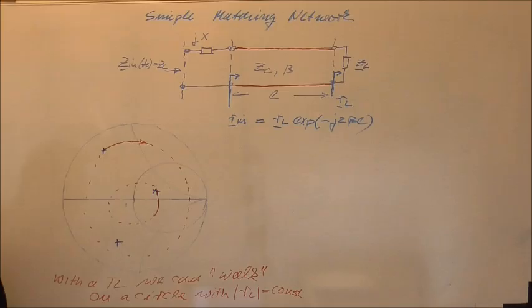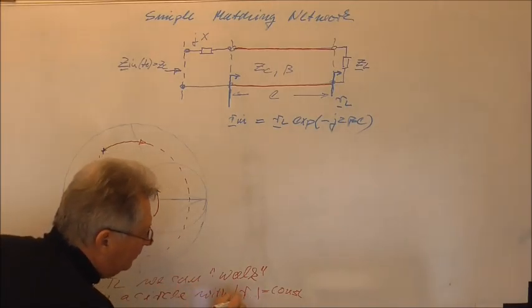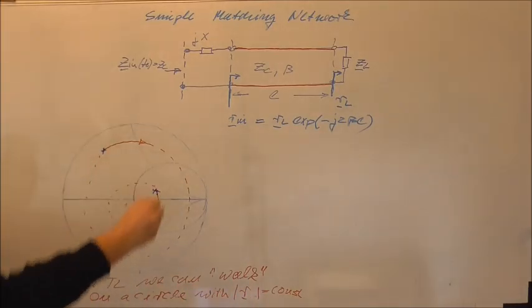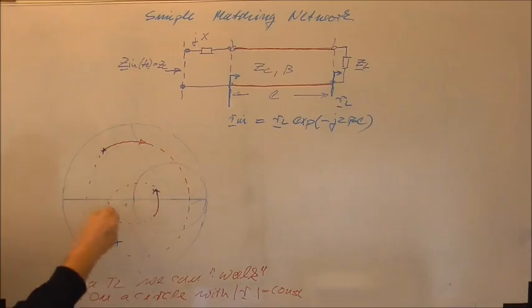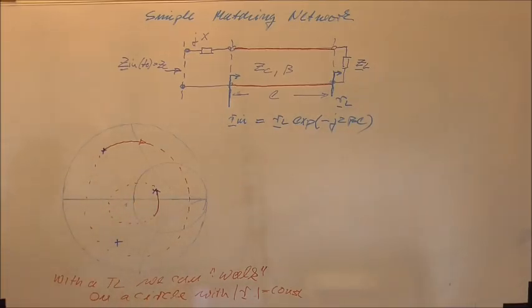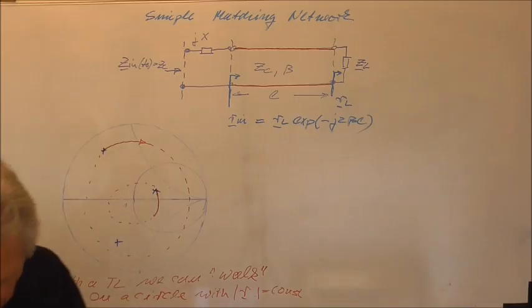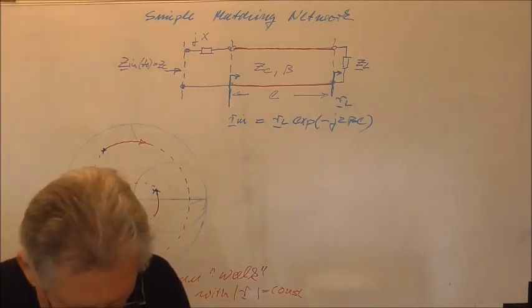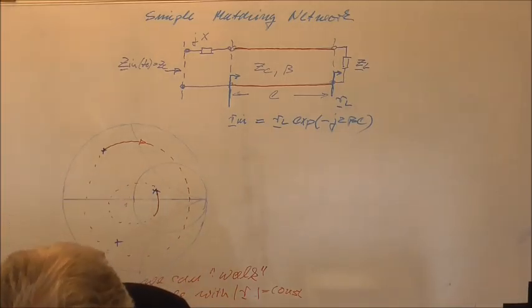With the absolute value of RL constant, this means we can walk on circles around the origin of our Smith chart. Is this more or less clear, or are there some questions?